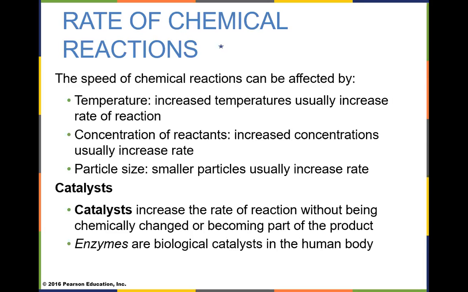The concentrations are usually extremely tiny, and we aren't going to bring more in, so we don't have the ability to increase the amount of reactants to make it work better. And with particle size, we're always dealing with extremely small particles, so there's nothing we can do about the particle size. So none of these three characteristics of a chemical reaction apply in the human body.